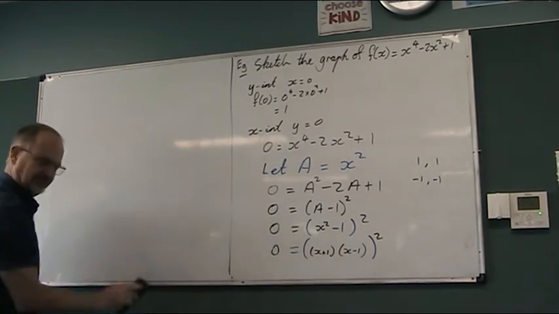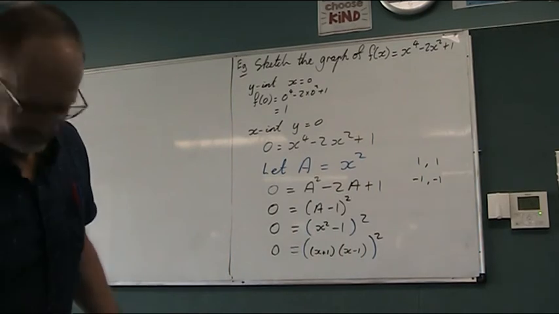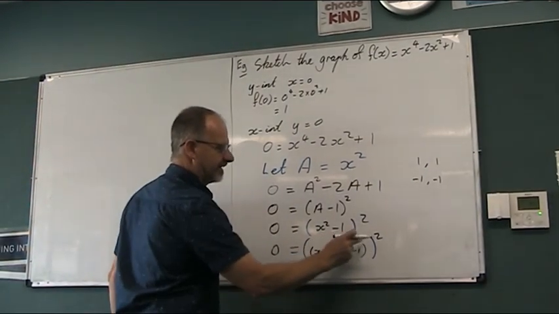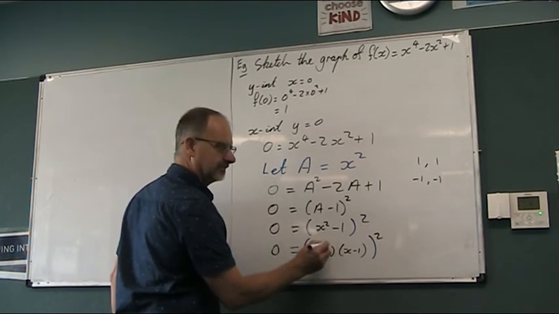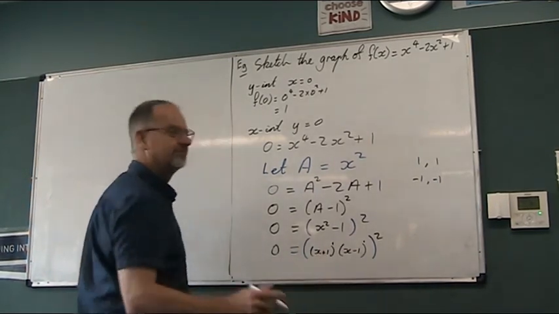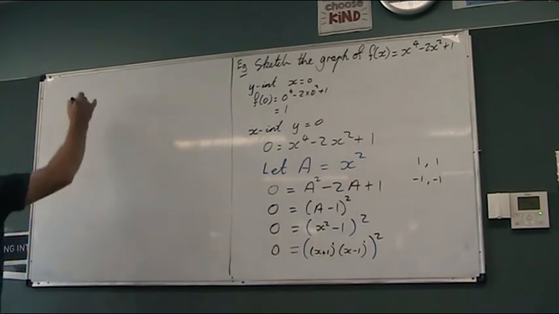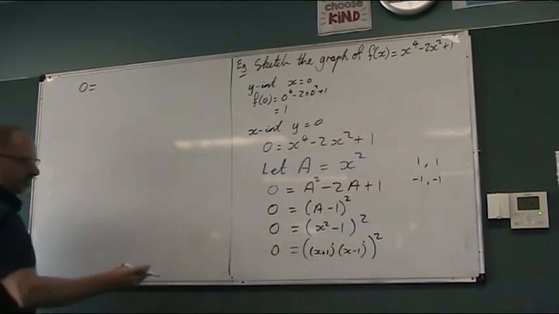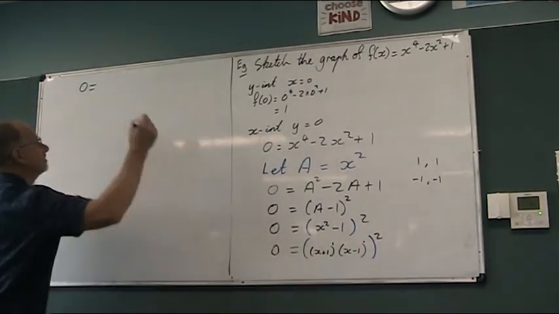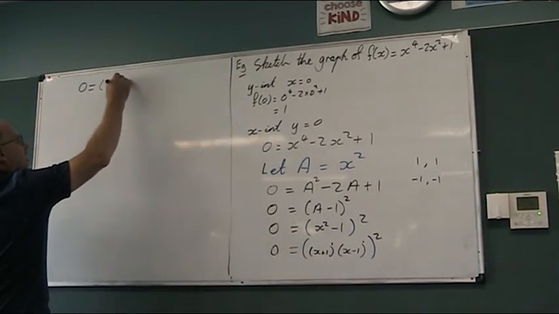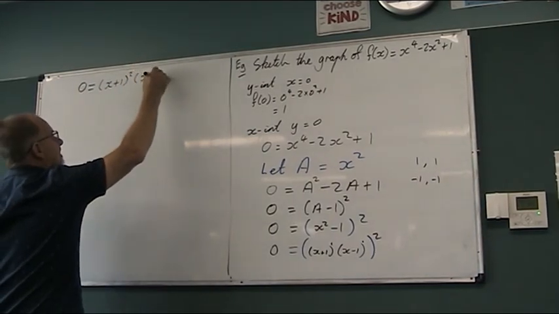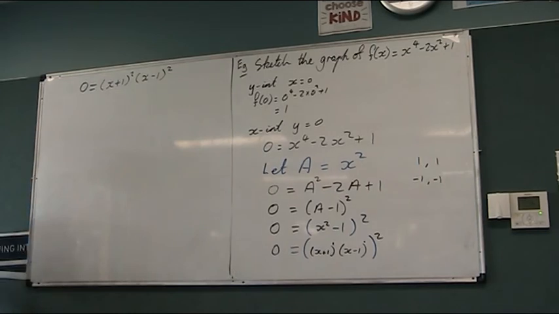Now, each of these brackets has what power on it? One at the moment. But as Kayla said, index law says when we remove this blue bracket, we'll have x plus 1 squared and x minus 1 squared.